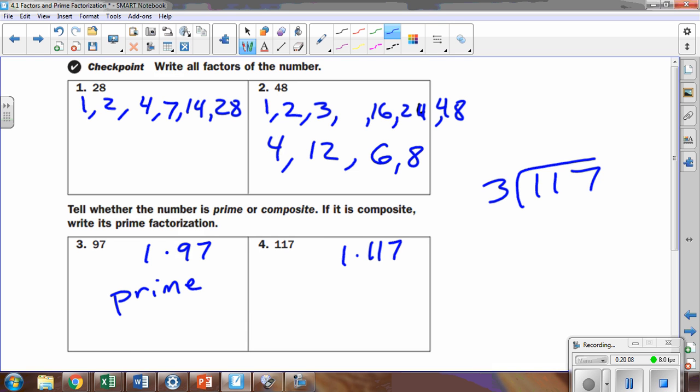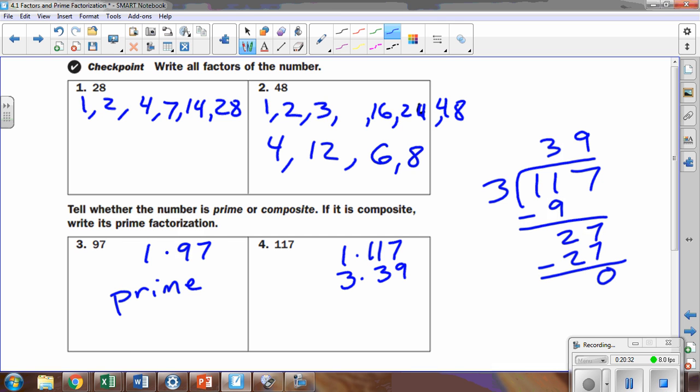If you remember your divisibility rules, we could also apply the divisibility rule for 3, and that would do it too. In this particular instance, we could do the long division. And so we'd have 3 times 39 is another way to get it. That's composite. So it is a composite number.